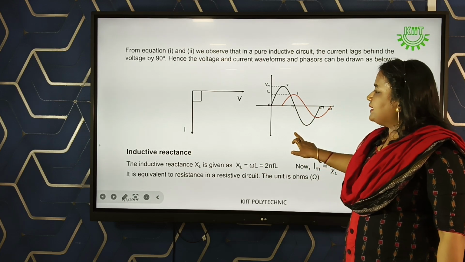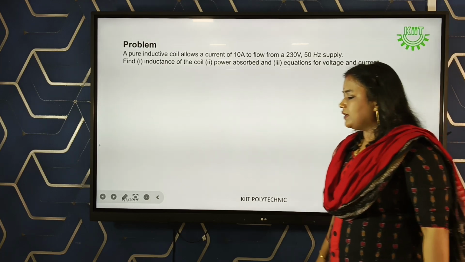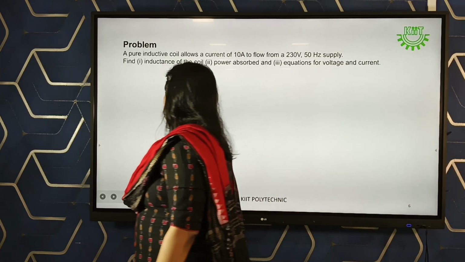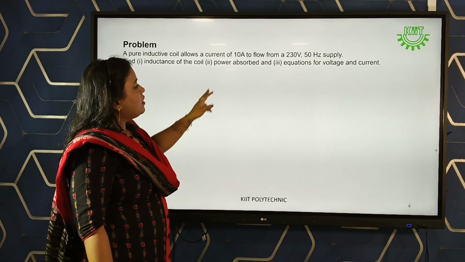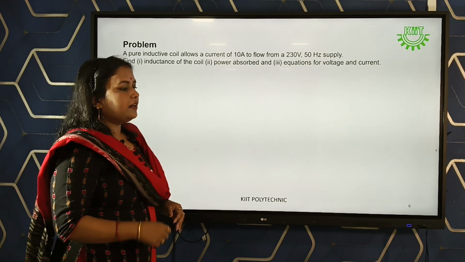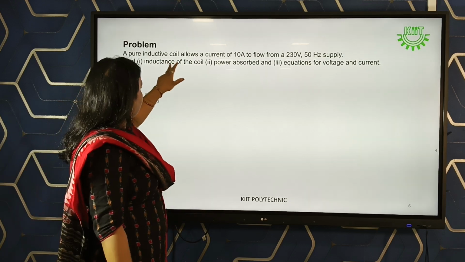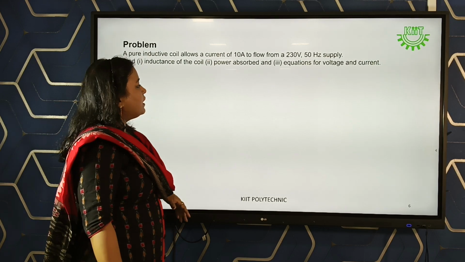Depending upon this analysis, we are going to discuss one more problem. Here we are taking a pure inductive coil which allows a current of 10 ampere from a 230 volt, 50 hertz supply, and we have to find the inductance of the coil. Then we will calculate the power absorbed.